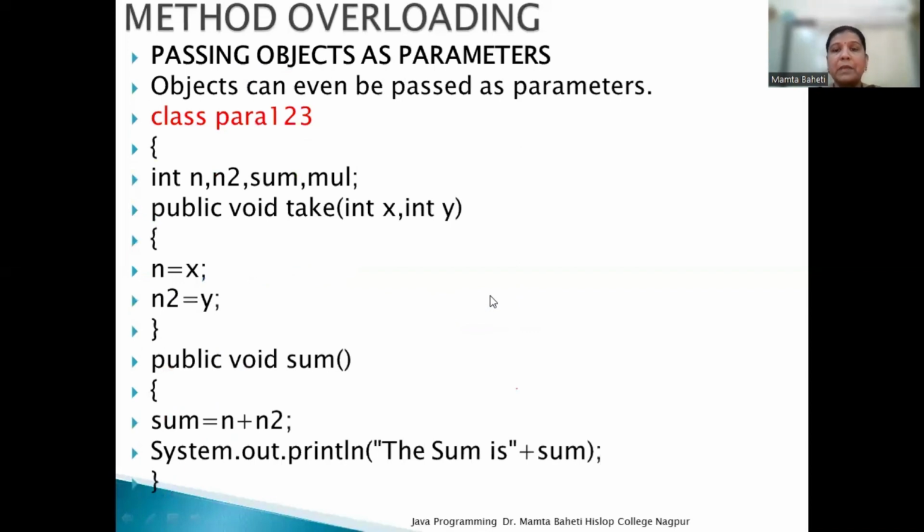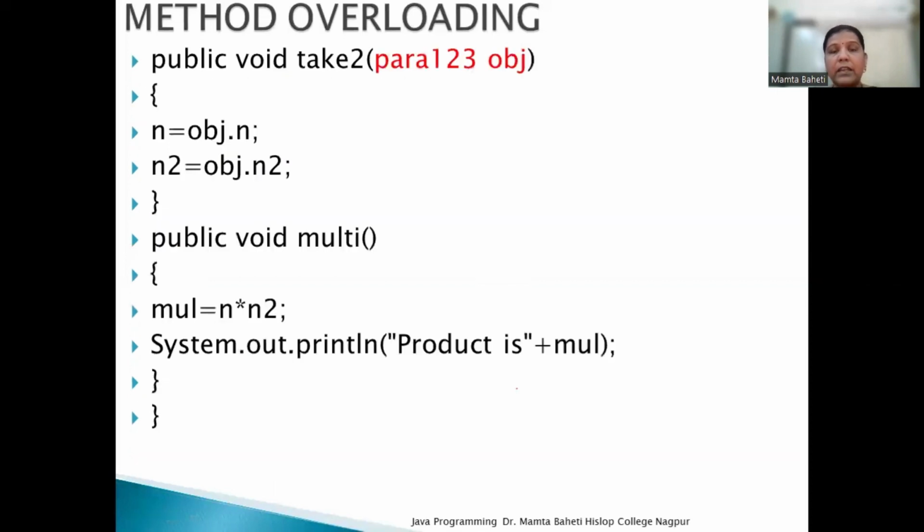Now, sometimes we need to pass objects as the parameters. So how will we do that? Here in the example, you can see I have created a class with take as one method and sum as another method. And third, I have created take2 where I am passing the object of the class as the parameter.